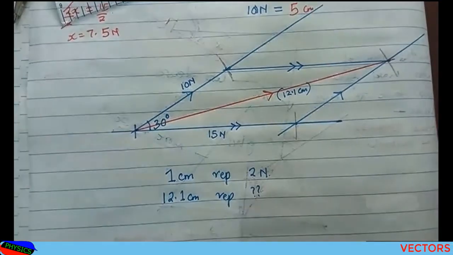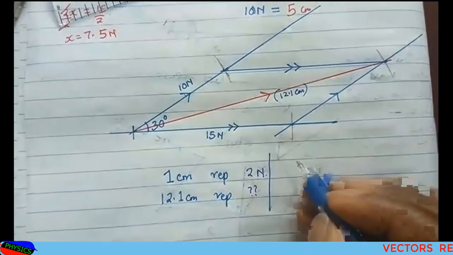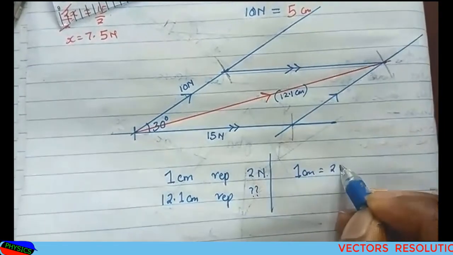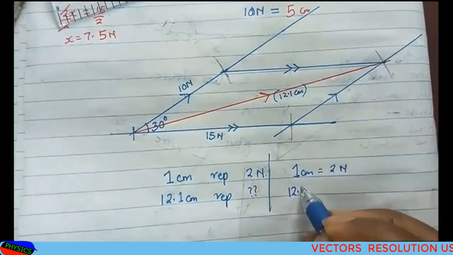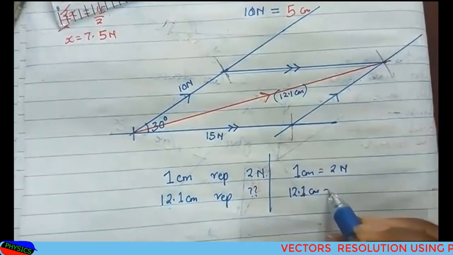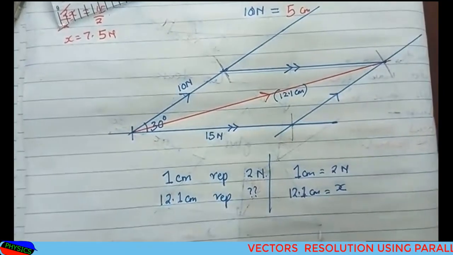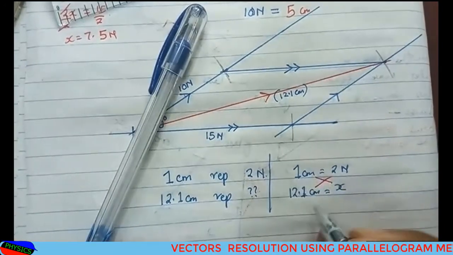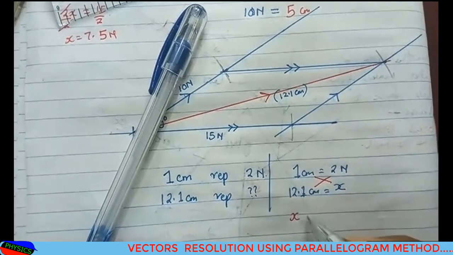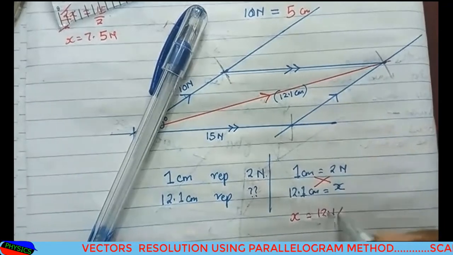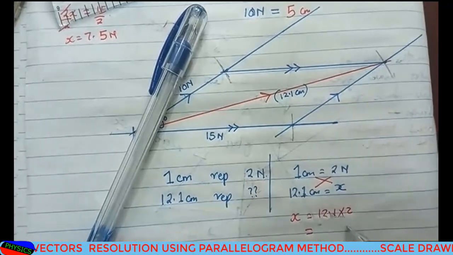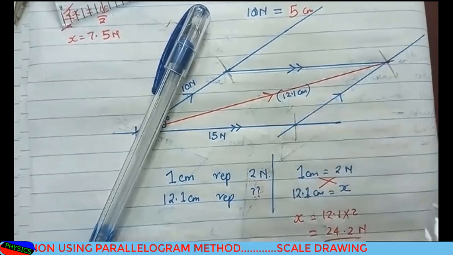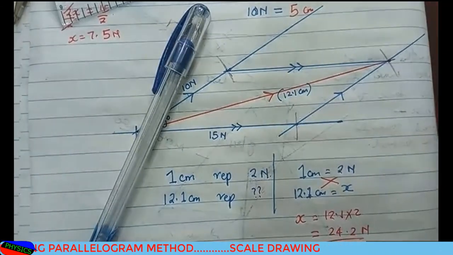Of course, I can write in terms of that representing, or I can do it mathematically: if 1 centimeter equals 2 newtons, what about 12.1 centimeters equals x? Then you cross multiply. If you cross multiply, you're going to get x equals 12.1 times 2, and that should be 24.2 newtons. That's my resultant force.